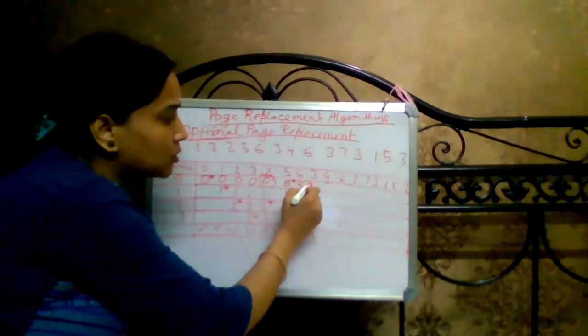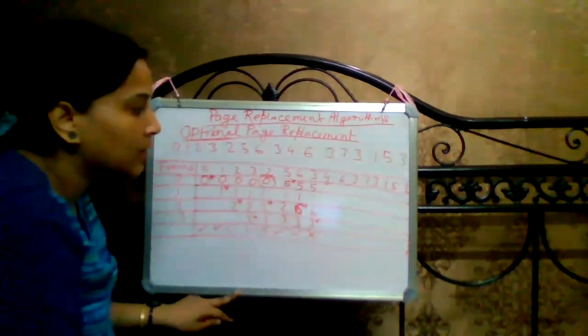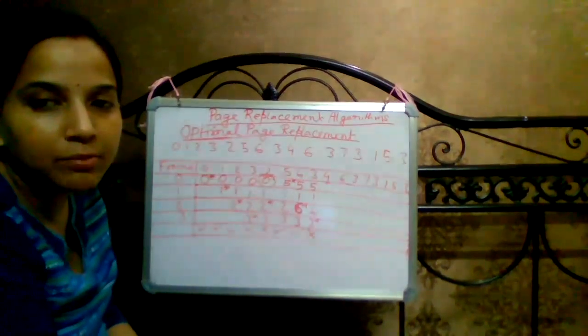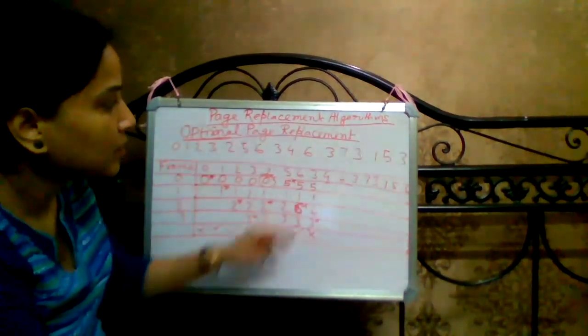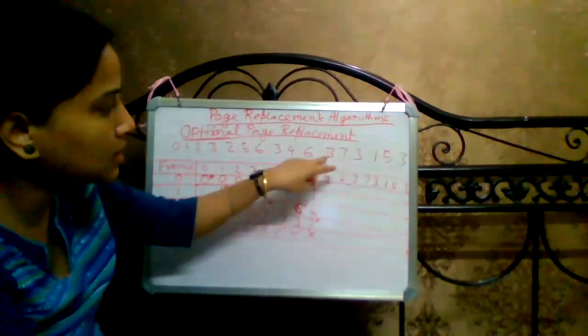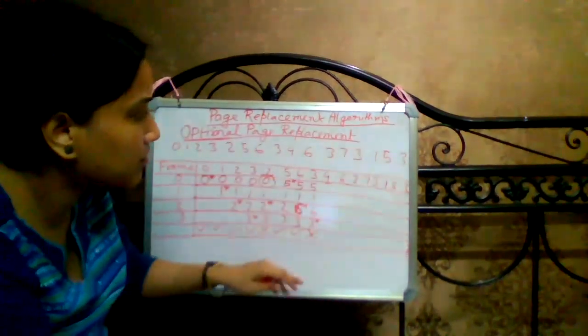No page fault. So 5, 1, 6 and 3. Next one is 4. If 4 is executing, which one will be replaced? Further, 3 is recently used, so we replace 5.